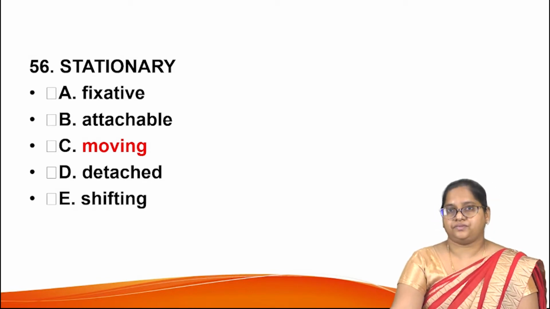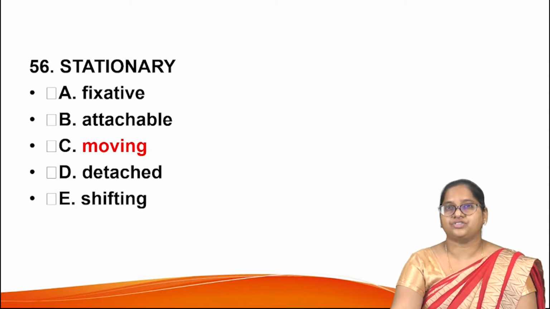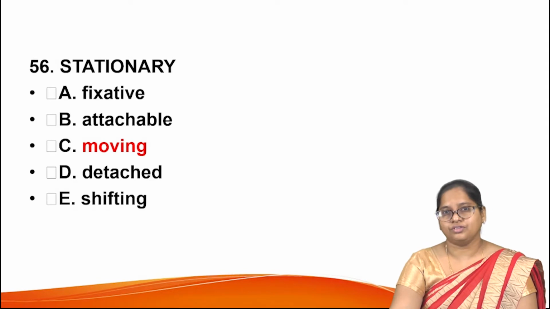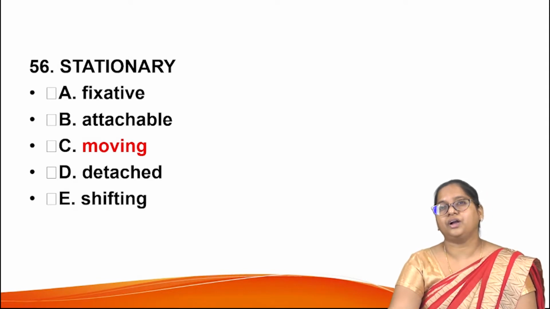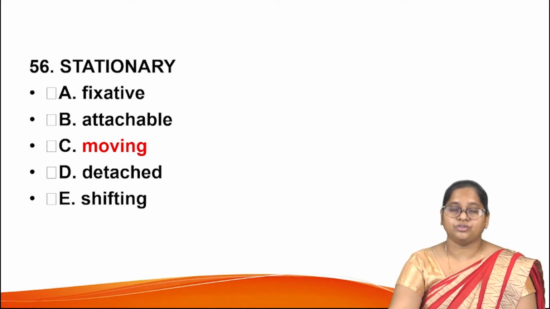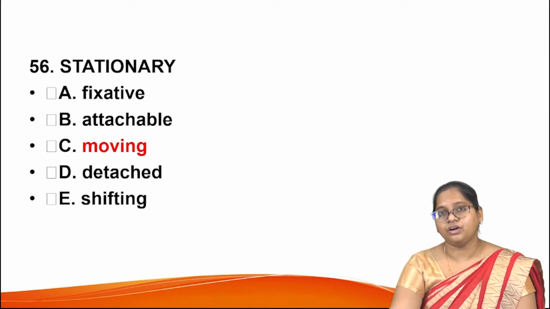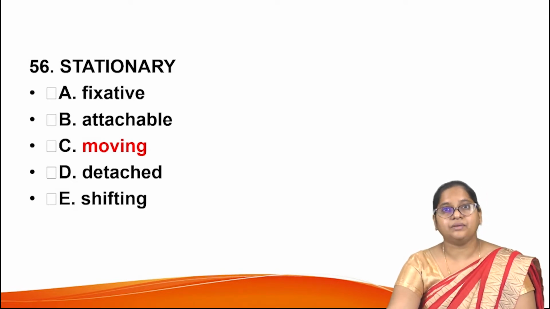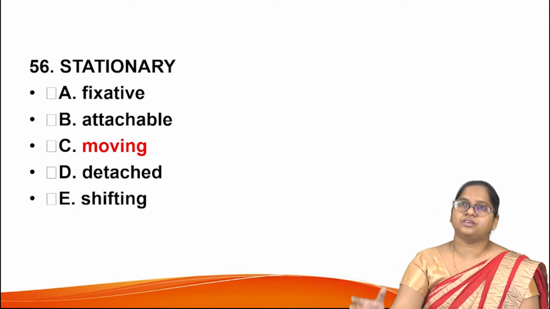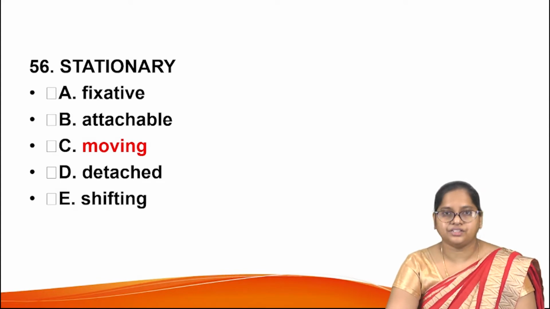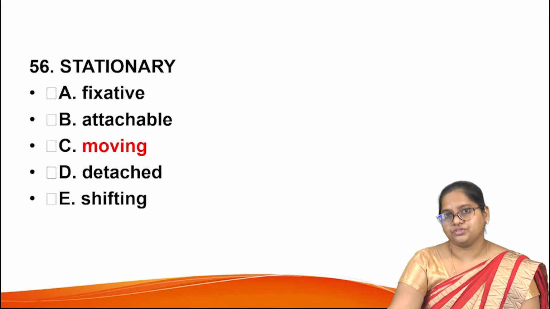So fixative, stationary is like the opposite of mobile, you say, right? So fixative is again stagnant, stable. Attachable is to do with the fixation of it, or something related to it, or something belonging to that.